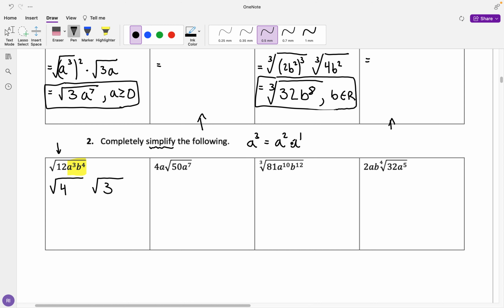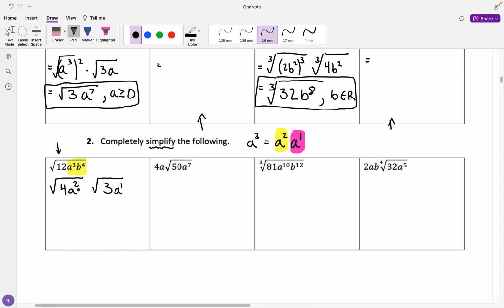So this is useful because a squared is a perfect square, but a to the 1 is not a perfect square. So a to the 3 then, I'm going to write a squared in this first radical, and a to the 1 in this radical at the back.